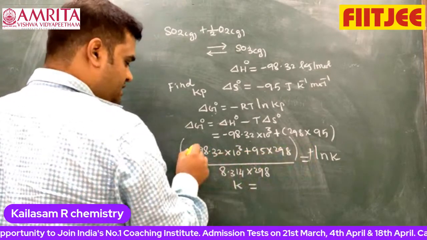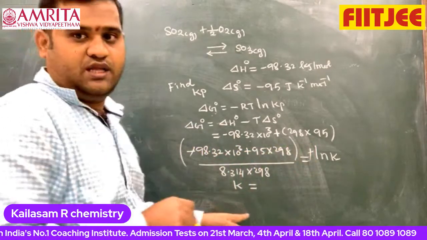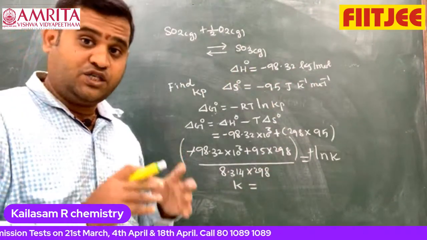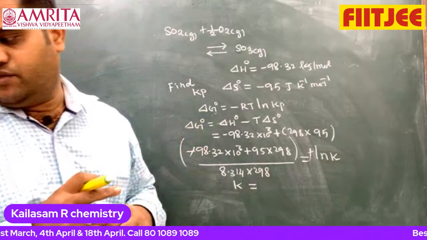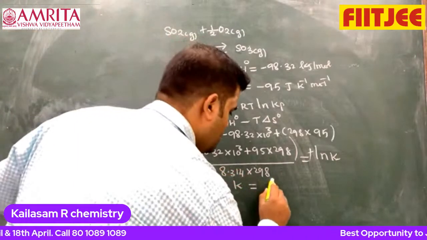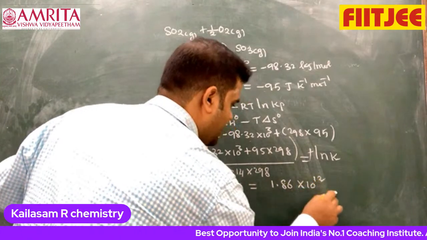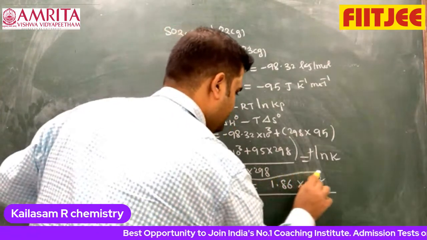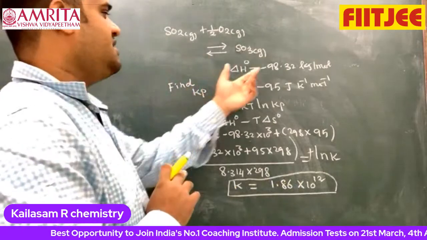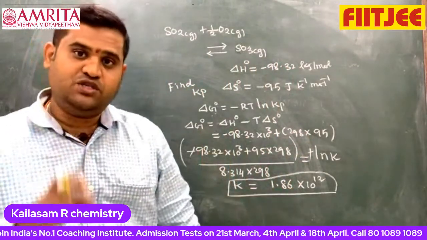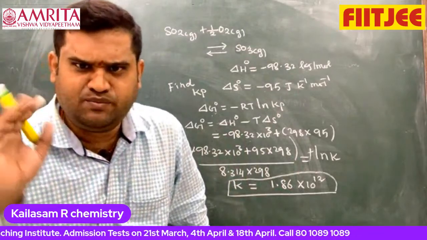Therefore this minus and the minus of the formula cancel out. The equilibrium constant comes out positive with a very high value, 1.86 into 10 power 12. This is thermodynamics linked with chemical equilibrium, and you may expect these types of questions from the JEE Mains point of view.